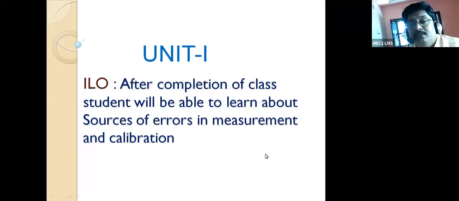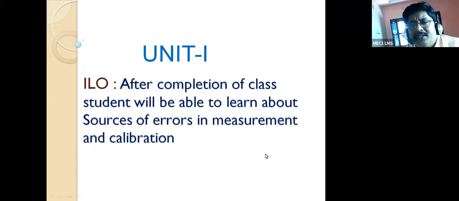Speed of response very good: speed of response means when you give input, we can get the output very fast. And fidelity, right? Fidelity means whatever the input is, it reproduces the same as the output.